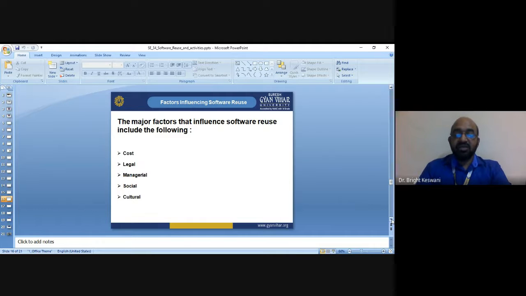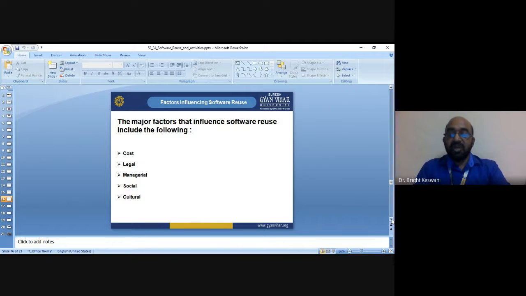And last factor is cultural factor. Designing a reusable component does not in itself ensure reuse. To be reused, the individual item must be identified by another developer as a candidate for other application.